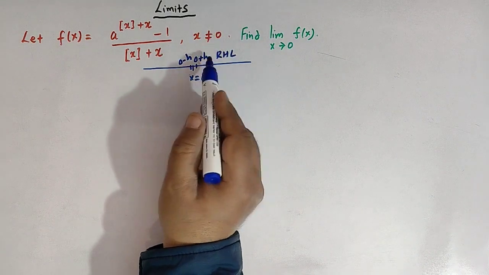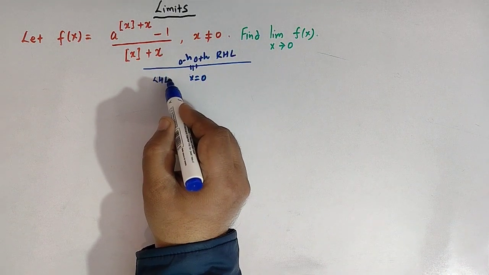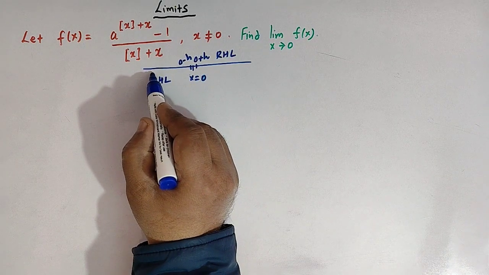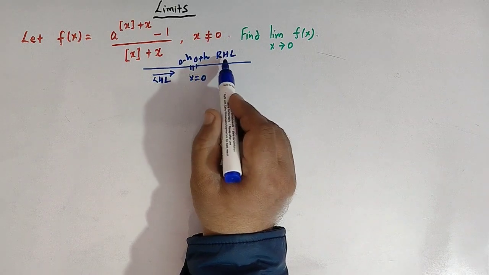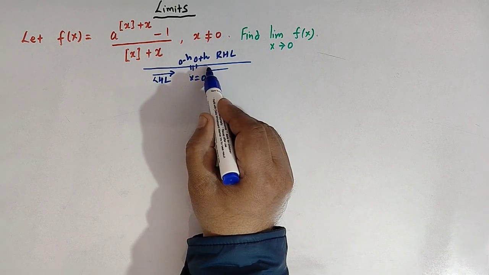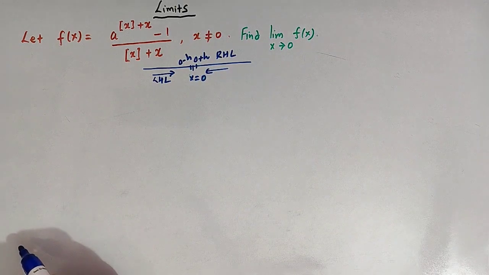When we find the left hand limit, we take a point in the neighborhood of x = 0, and this point is 0 − h. So for the left hand limit we approach from the left of x = 0, and for the right hand limit we approach from the right of x = 0.